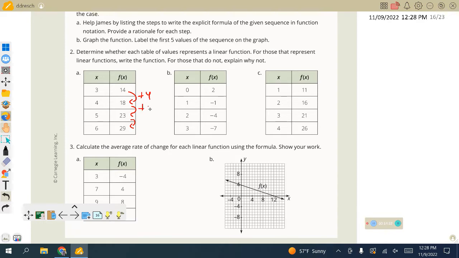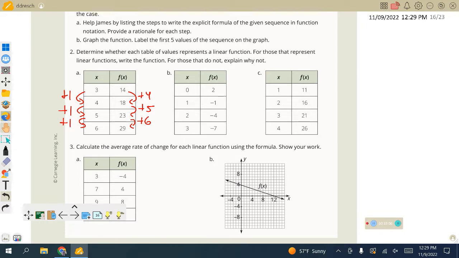Add 5. 23, 29. Now, is this looking helpful? No. Now, I always want to check the x's as well, and I want to see that consistency happening on the x's, but it's got to be on both sides. 3 to 4 is a 1, 4 to 5 is a 1, 5 to 6 is a 1, okay.